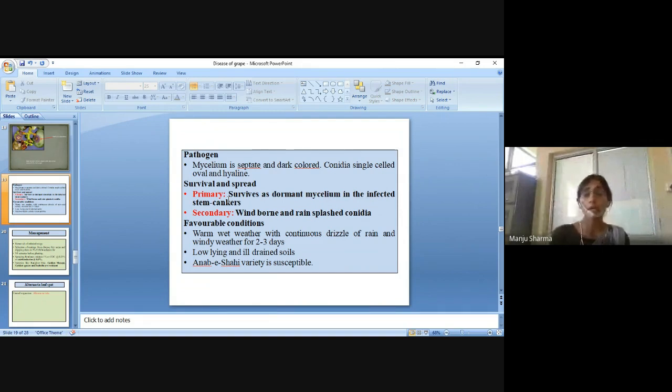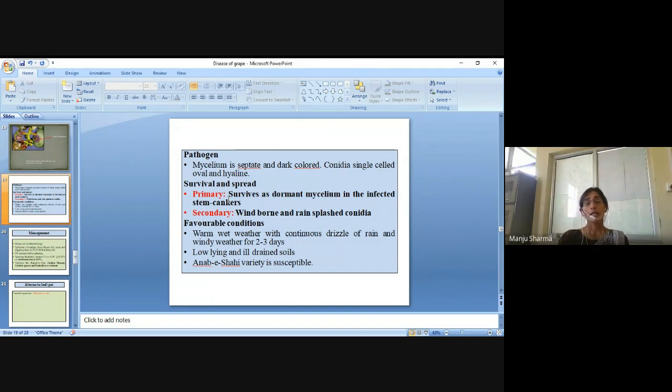Favorable conditions are warm wet weather with continuous drizzle of rain and windy weather for 2 to 3 days, low lying and ill drained soil, and the Anab-e-Shahi variety is susceptible.